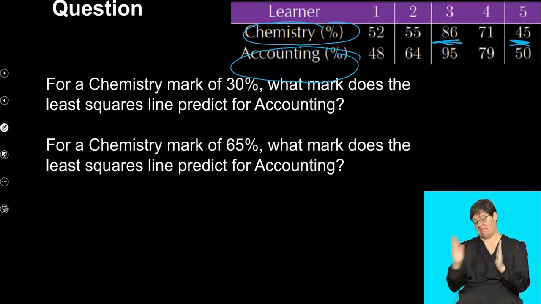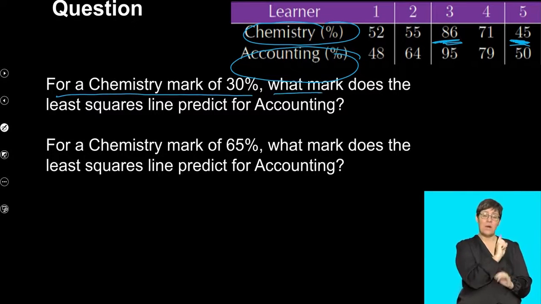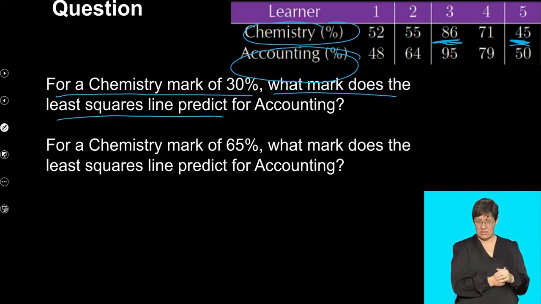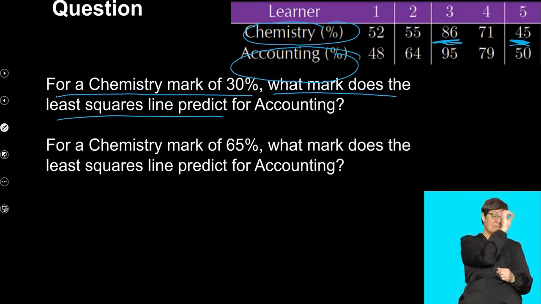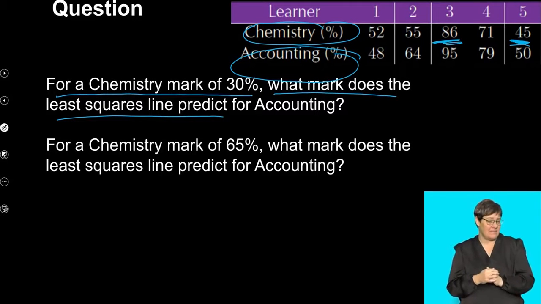Now, for a chemistry mark of 30%, what mark does the least square line predict for accounting? If I get 30% for chemistry, what is my accounting mark? And is that reliable?